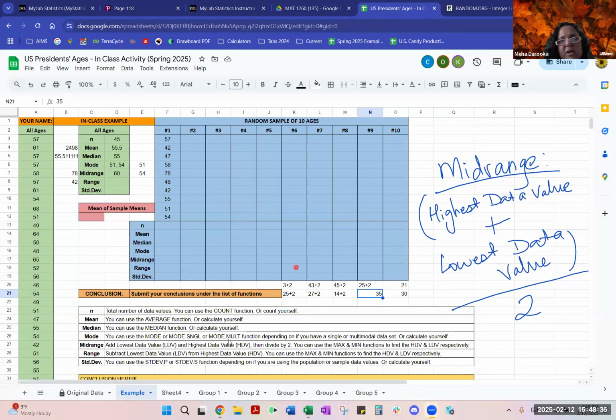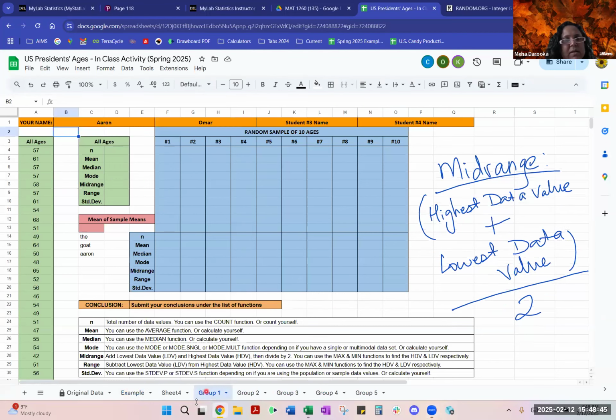Okay, Aaron is going to do all the odd numbered cells. So that way, that means, Omar, you will be doing the even number ones. All righty, perfect.